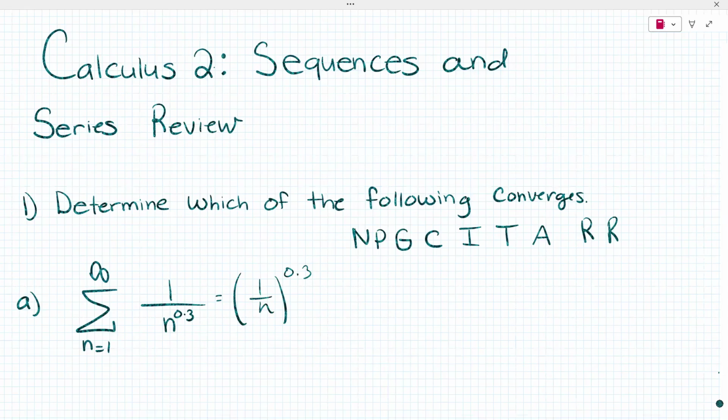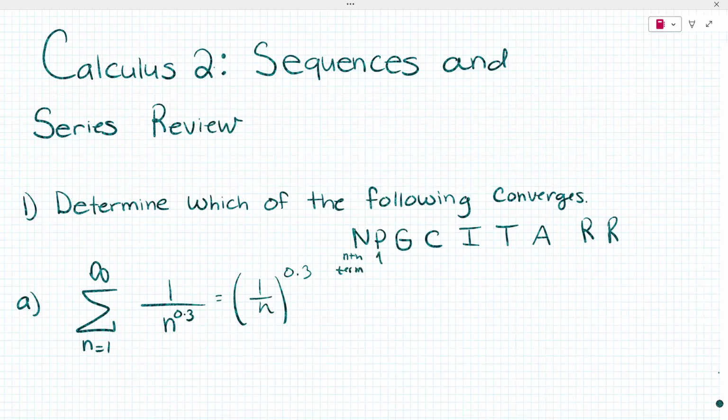The N stands for nth term, the P stands for p-series, the G stands for geometric, the C stands for comparison, the I for integral, the T for telescoping, the A for alternating series, the R for ratio, and the other R for root. If you want, I can write it out. So this is the nth term. I don't think we'll use that.